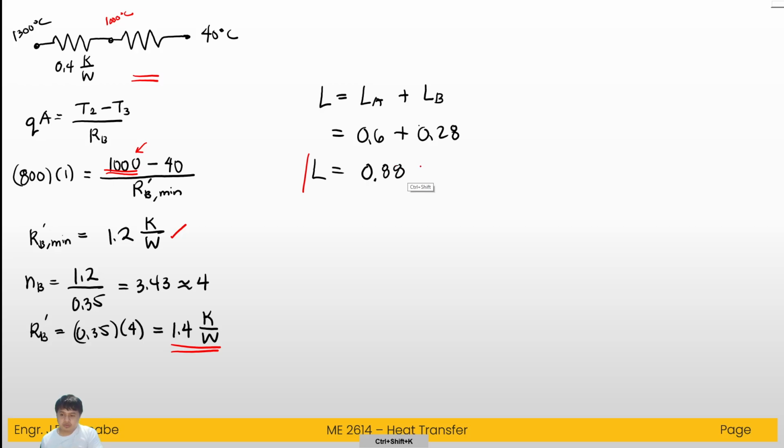Okay, so this is in meters. So you may also write thickness here, or T, small t if you want, but just use L here for this. Okay, so that's it.